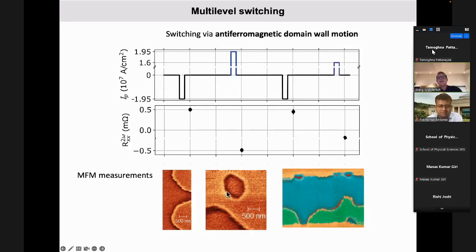This is due to the stray field coming out from the two antiferromagnetic layers at the boundaries. You do not even need a domain wall. This is entirely due to the stray field generated at the point where the magnetization diverges. This stray field is coming out at the position of a domain wall, or coming in at the other side of the domain wall. That's why you see this black-white contrast here. That's the origin of it.